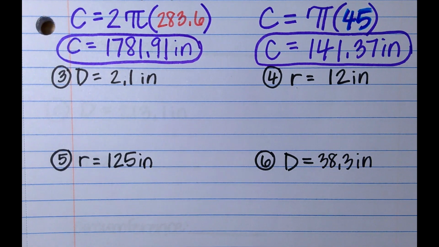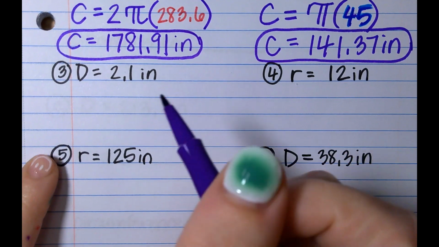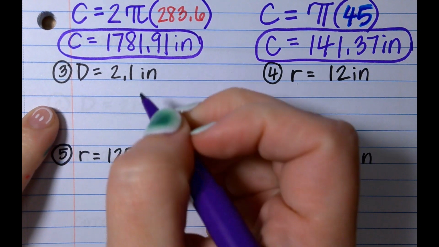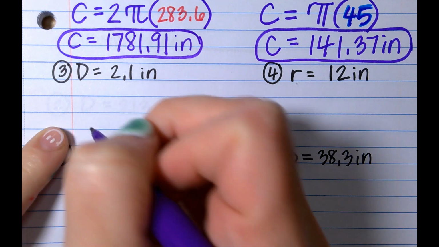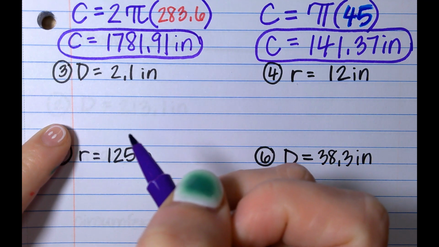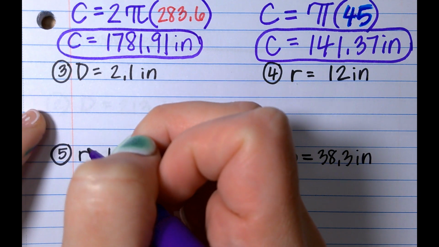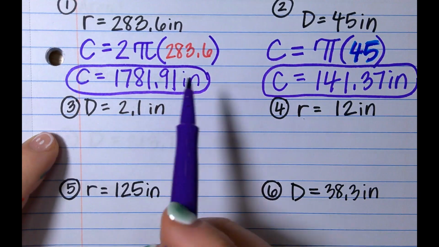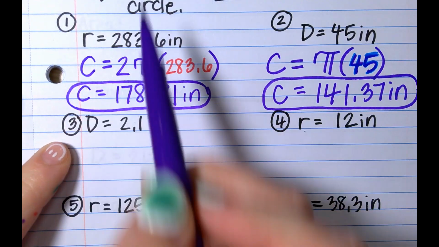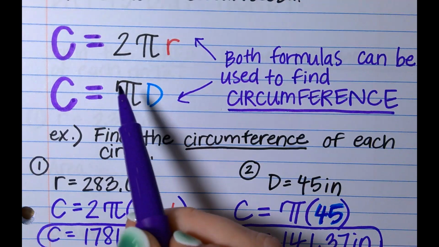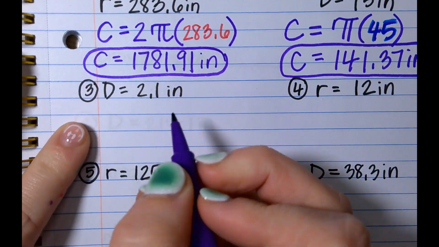Okay, so for number 3, what answer did we get? You can shout it out. 6.597 inches. Did anyone get something different? I'm going to write down the formula. We're going to be using that second one because we have diameter. Pi times diameter.